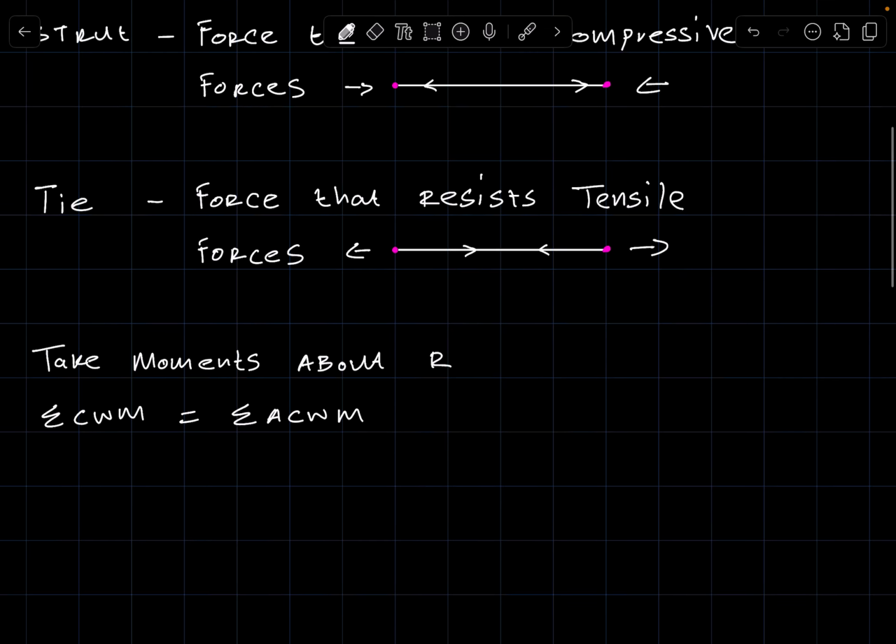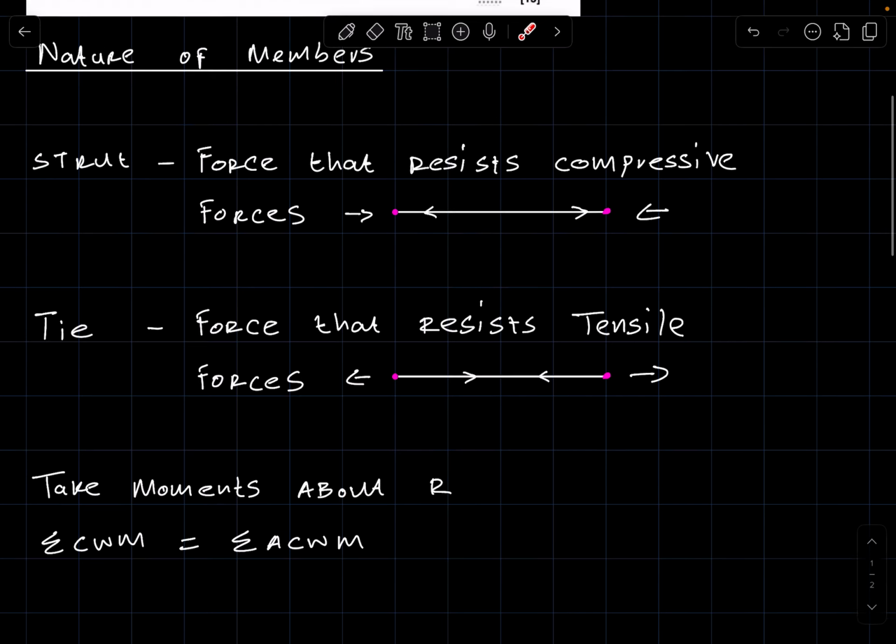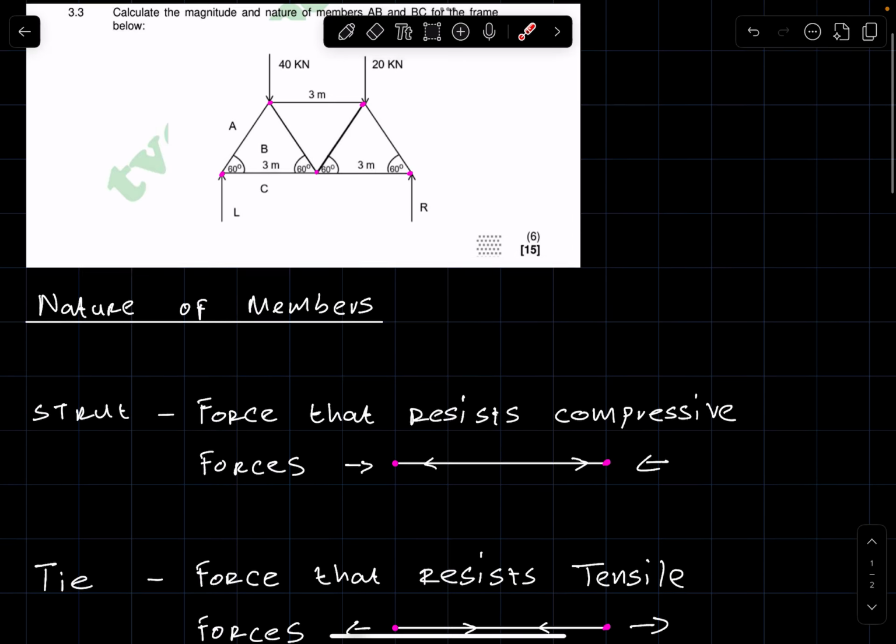That's the law of moments. Sum of clockwise moments about a point is equal to the sum of anti-clockwise moments about the same point. That is how you state the law of moments.